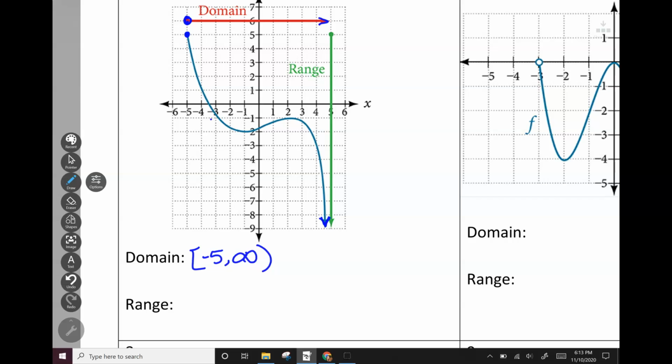A line is made up of infinitely many closed circles, or points, technically. So those would all be square brackets unless there's an arrow or an open circle.